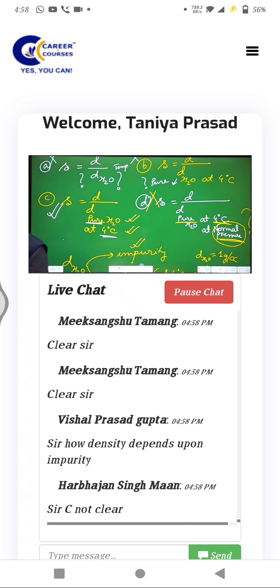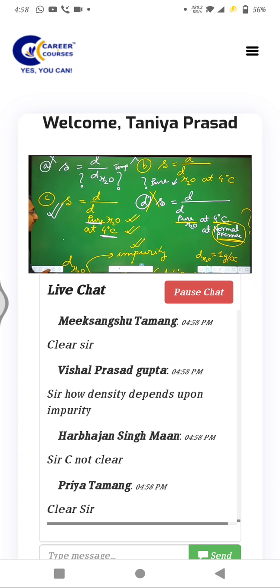And Raja, it is said that density of water depends basically upon two factors. One is the purity of water, whether we are considering pure water or not, and it also depends upon the temperature.